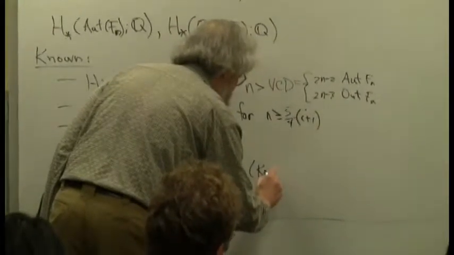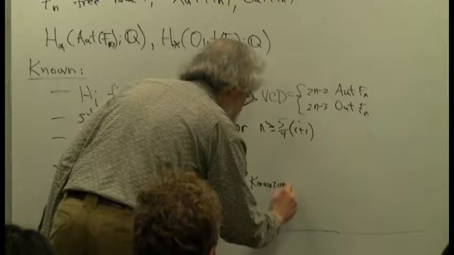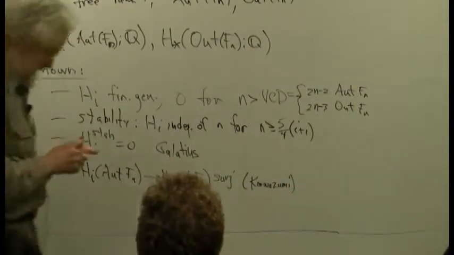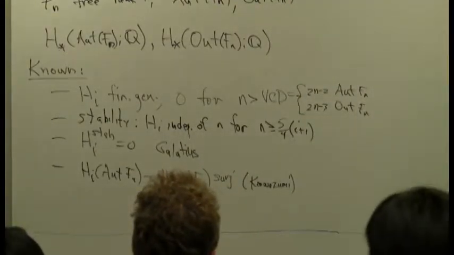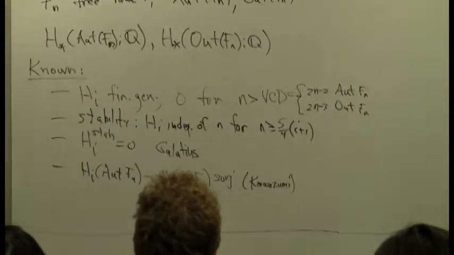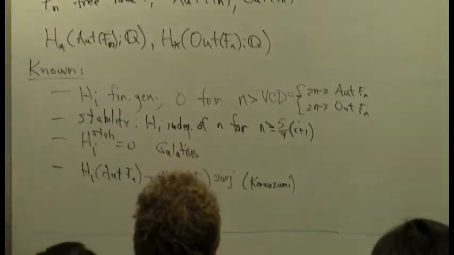It's in an unpublished paper of Kawazumi, I believe. And our more recent paper gives another proof of this. So Aut has at least as much rational homology as Out.